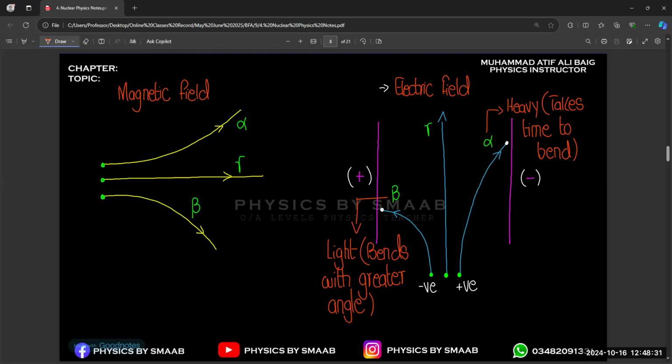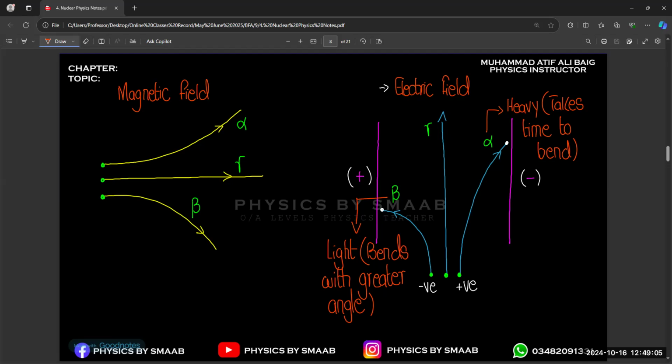If you want to take a U-turn with the help of a cycle, and in parallel there is a heavy truck also taking a U-turn, you know that the truck takes more time because it is long and very heavy, so it takes the U-turn very slowly. But a cycle is small in size as compared to the truck and also short, so it can easily take a U-turn very quickly.